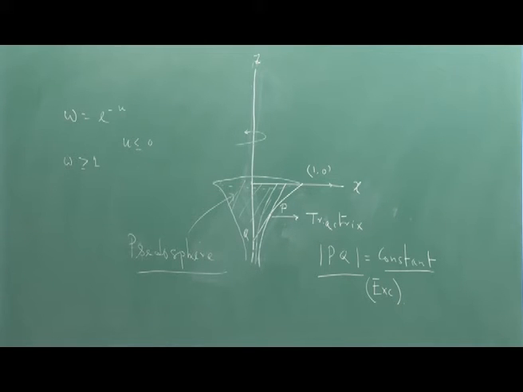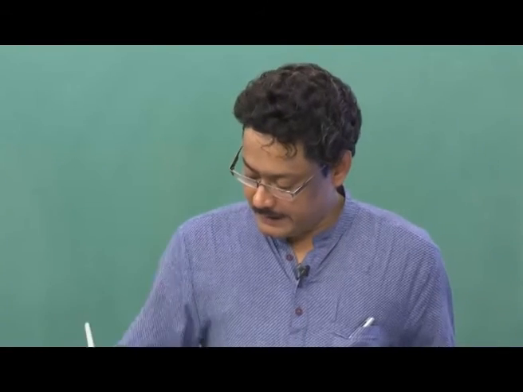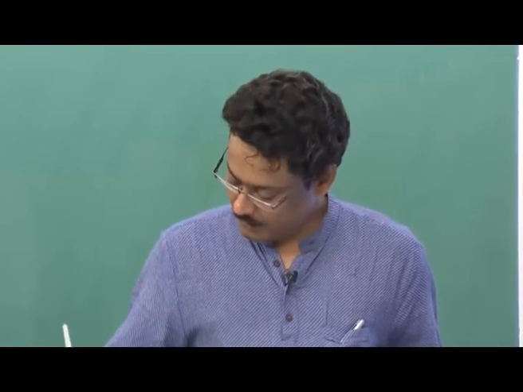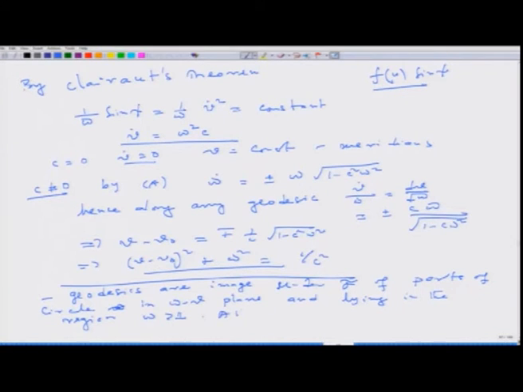Okay. All these circles have center on the V axis, v naught comma 0 is the center for different v naught, and they intersect the V axis perpendicularly.